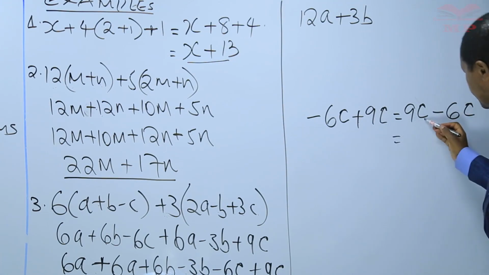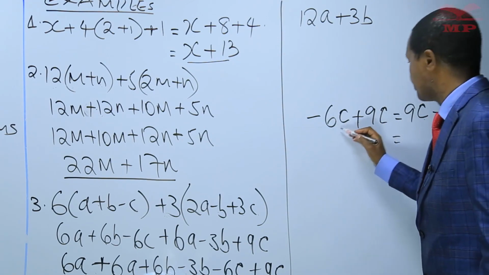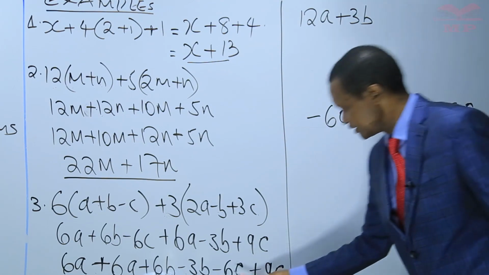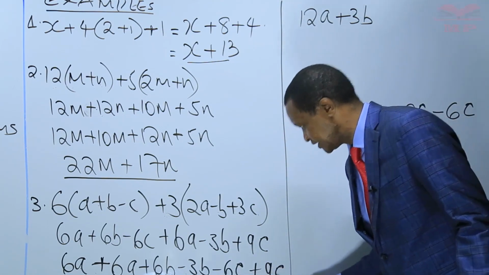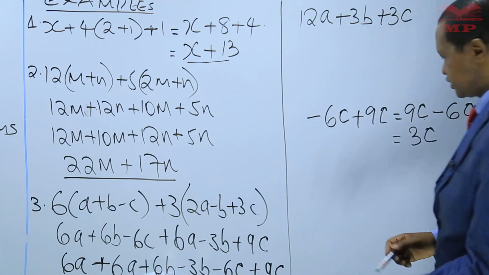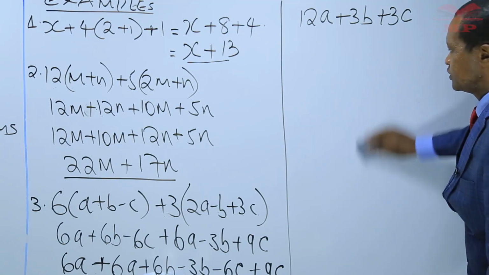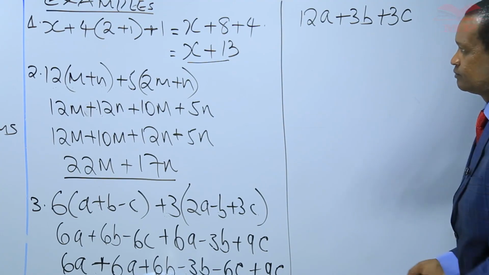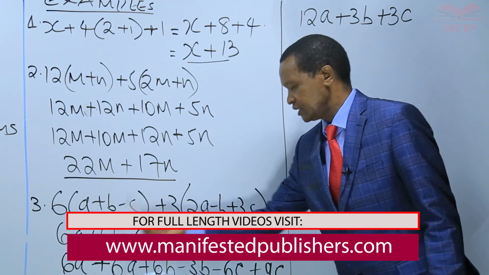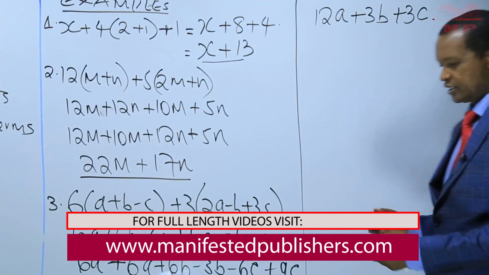So 9c minus 6c is the same as negative 6c plus 9c, which is equal to 3c. Therefore, negative 6c plus 9c is equal to positive 3c. So that is the answer to the problem. We have simplified the expression. Okay, that is the answer to the third example.